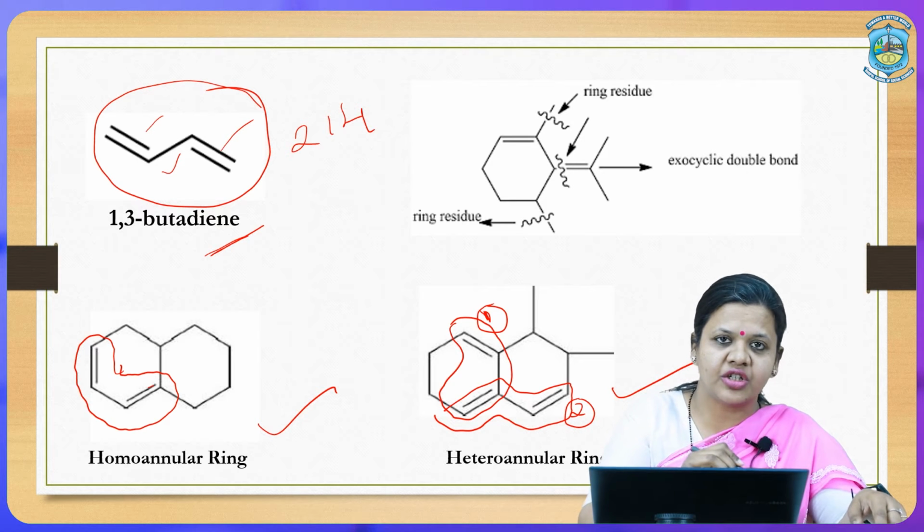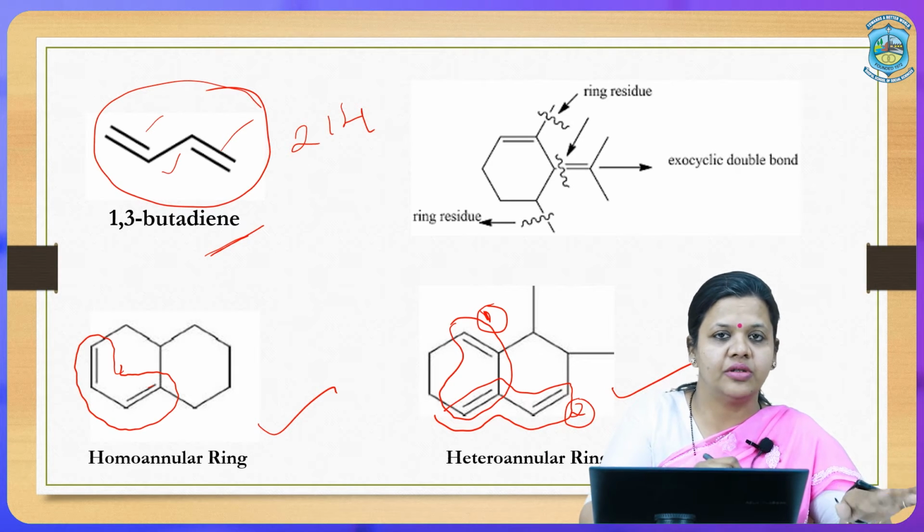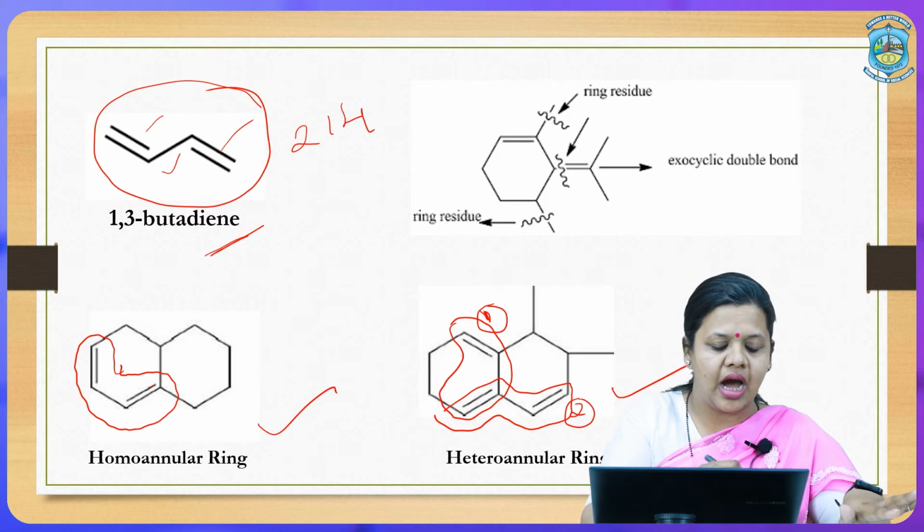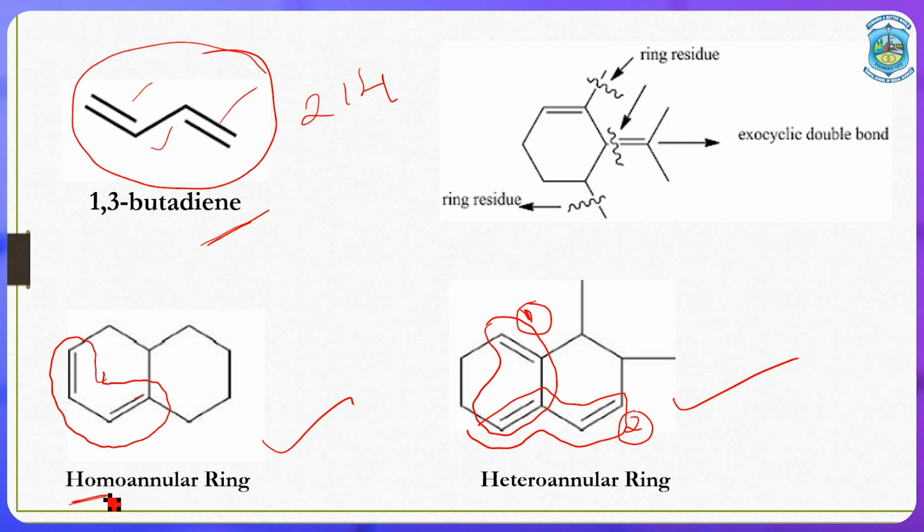The first structure, where both the double bonds are present in the same ring, is known as homoannular. Homo means whenever there is something within the same species, we term it as homo. So, it is a homoannular ring. That means the conjugated base value which we are trying to find is within the same ring. And in the second structure, I have marked two places.